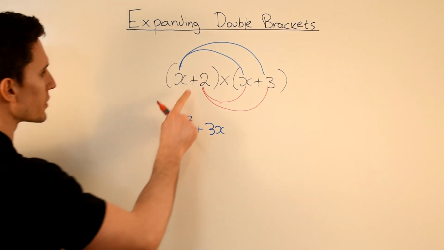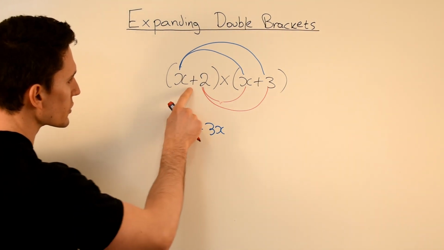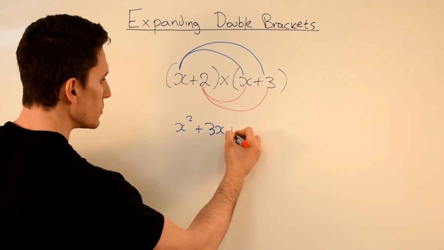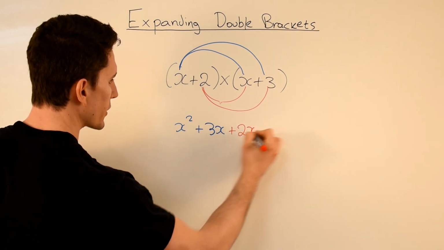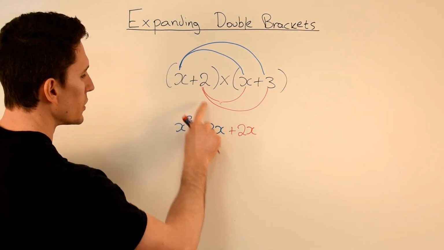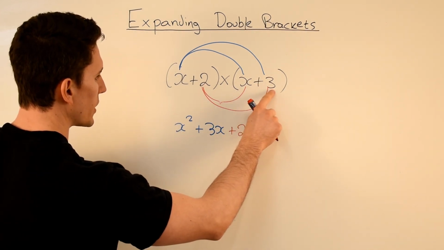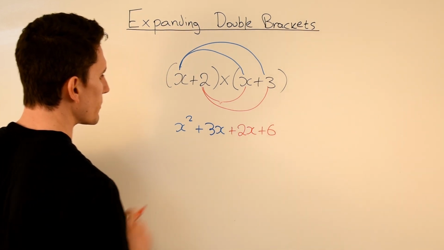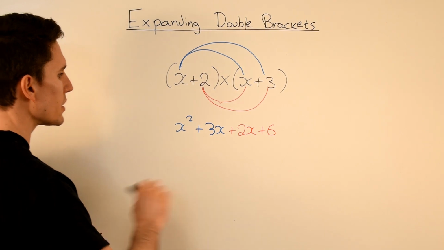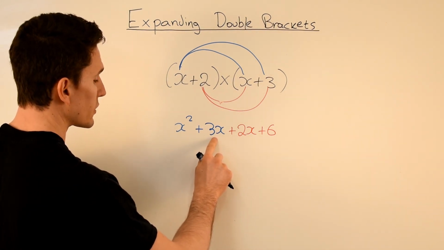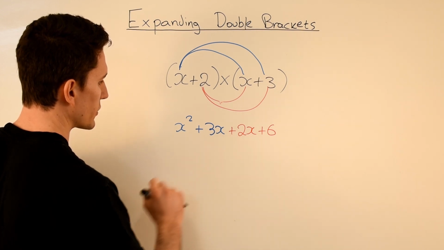Let's continue with the 2. So we have plus 2 times x. That is simply equal to plus 2x. And finally, we have plus 2 times plus 3. Well, that's simply equal to plus 6. Now, let's have a look at these middle terms. You see we have 3 lots of x plus 2 lots of x.